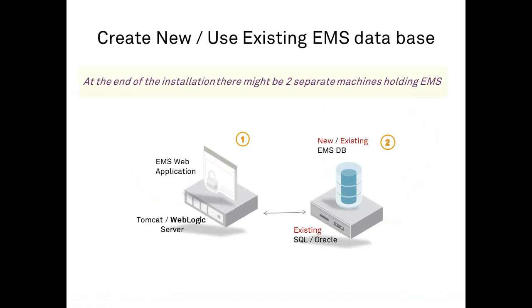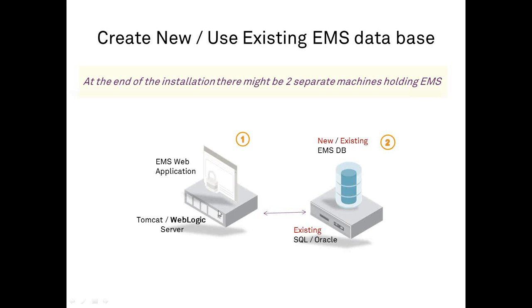Next thing is to talk about the database. Let me show you here the components that are being installed as part of the Sentinel EMS Enterprise. First of all, we can see here the web server. The web server can be either Tomcat or WebLogic.